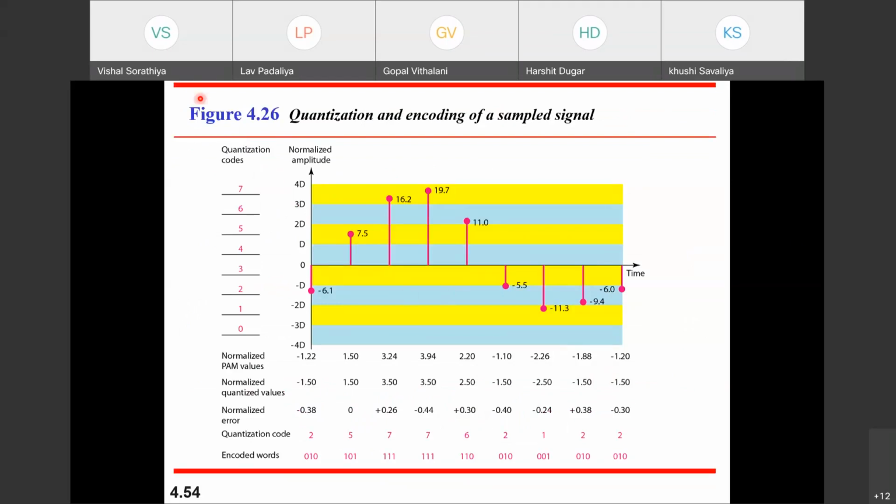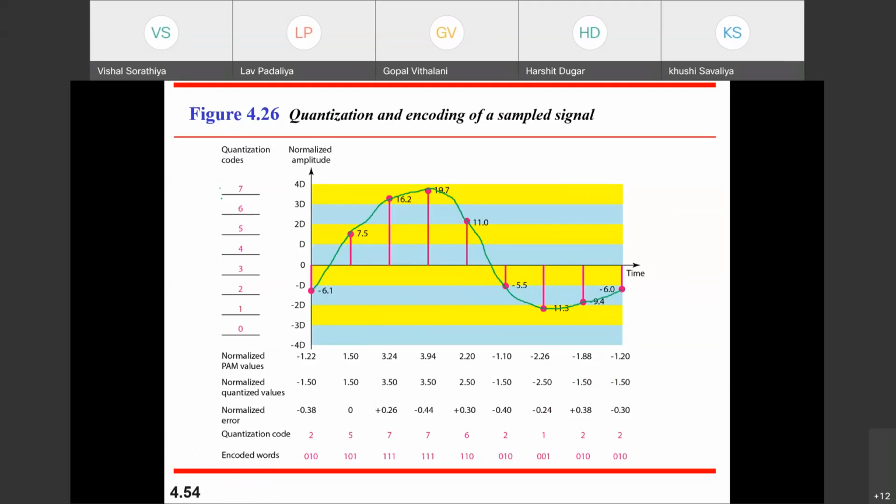Ideally, what is your signal right now? Let me just draw the signal over here so you can get the idea. So ideally your signal is over here, and the sampled signal is this one. Green is your analog signal actually, but these red samples you are seeing are the sampled values.